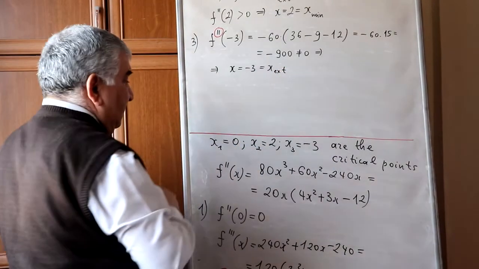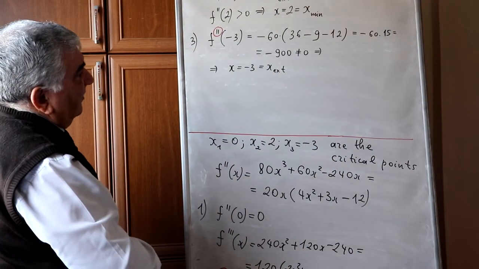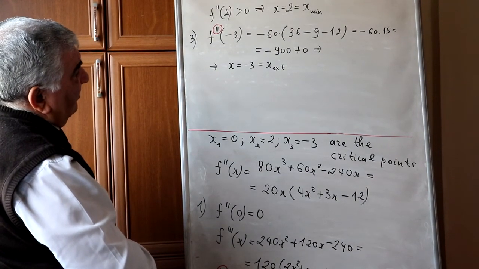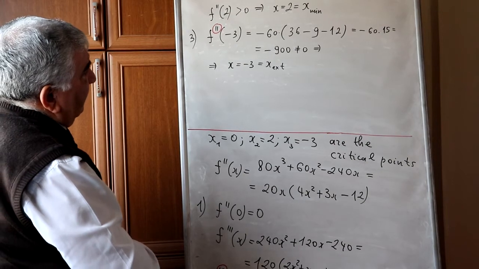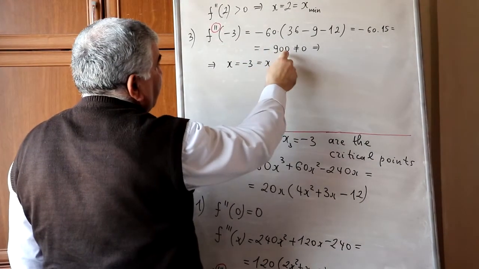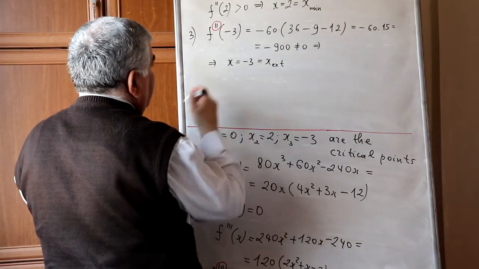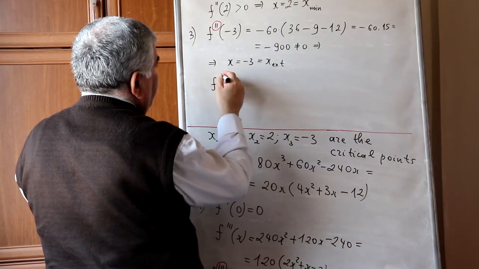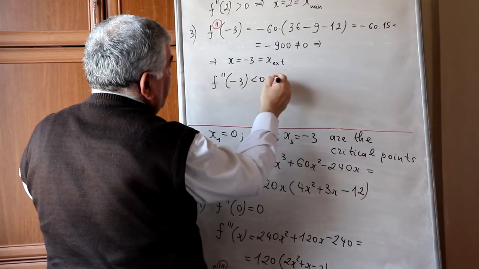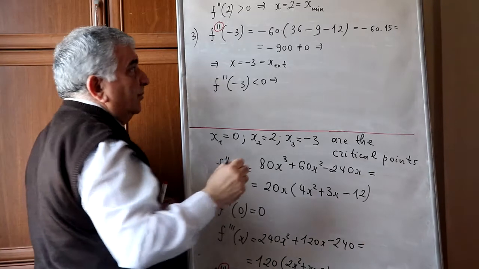Now we must investigate for maximum and minimum. And this non-zero derivative is negative. It means minus 3 is a maximum point.